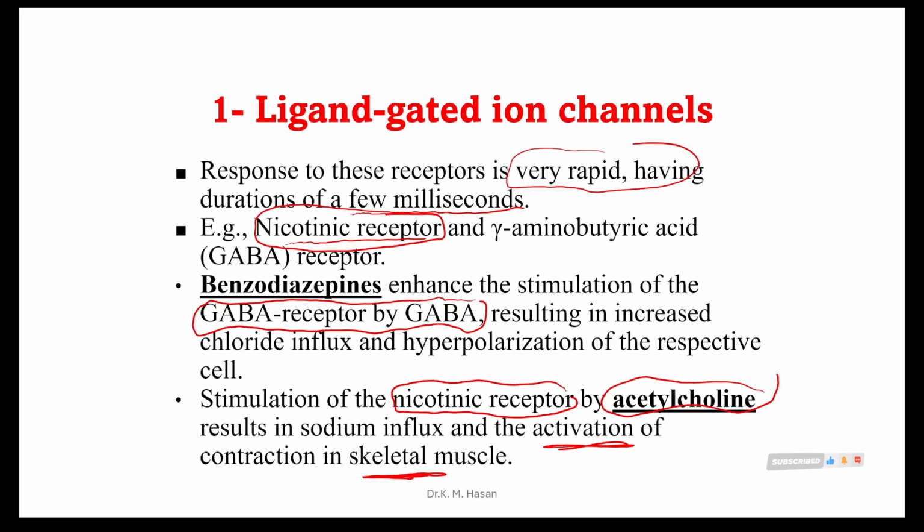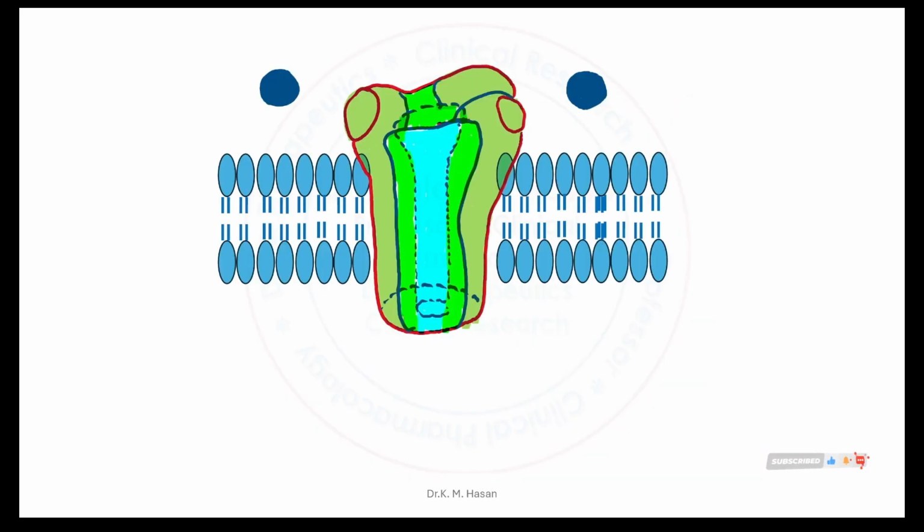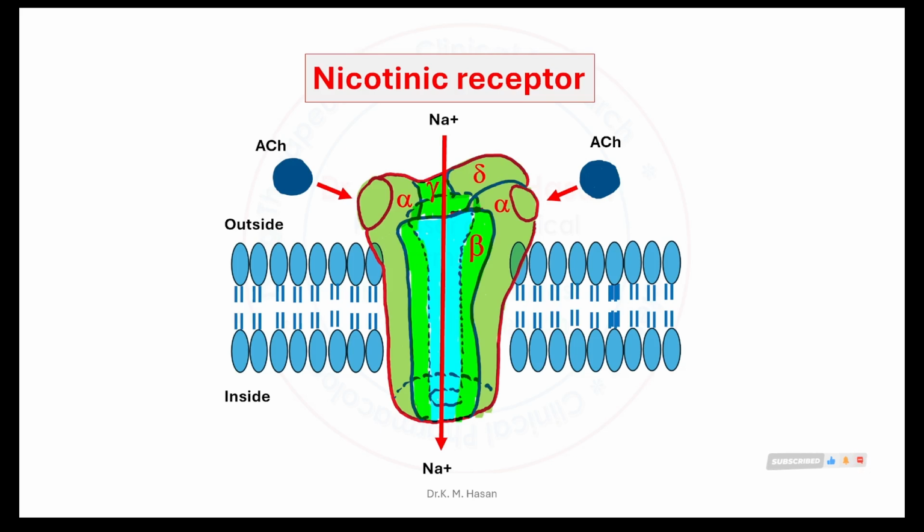So speaking about the nicotinic receptor and acetylcholine action, if you move to the next slide, you can see here this is a cell membrane. The nicotinic receptor is located on the cell membrane and consists of alpha 1, alpha 2 subunit, beta, gamma, delta subunit. And you can see here we have ACH.